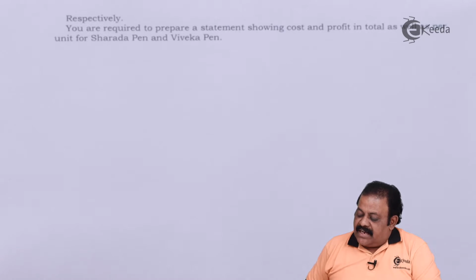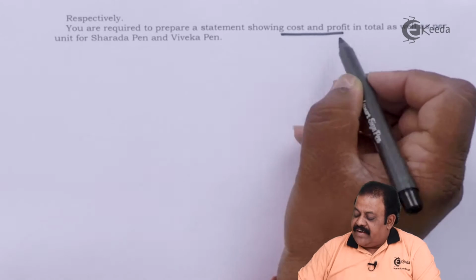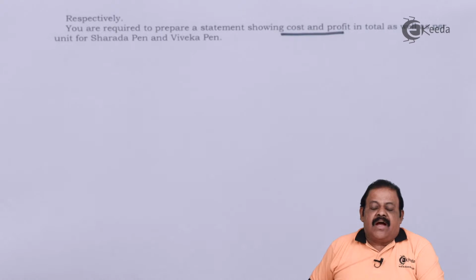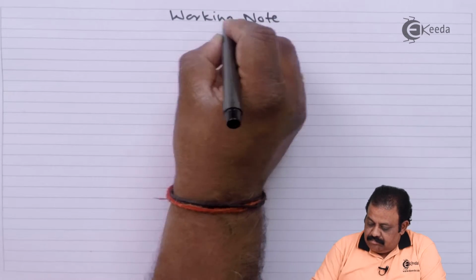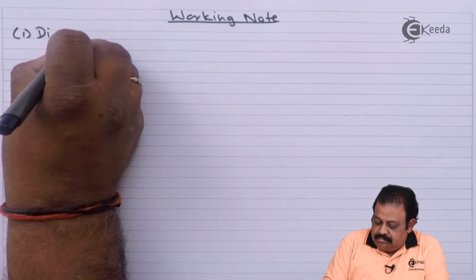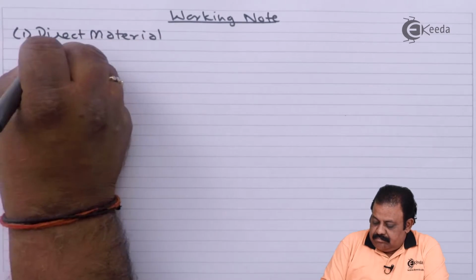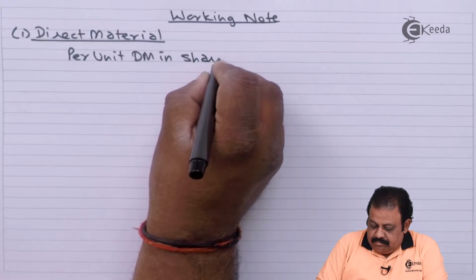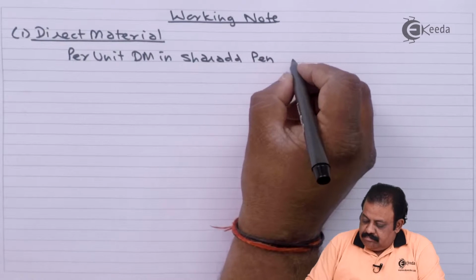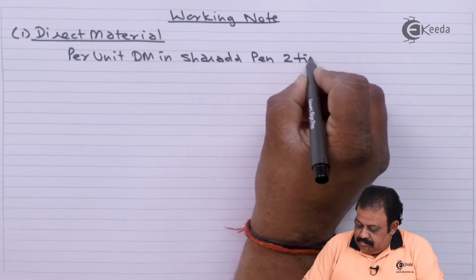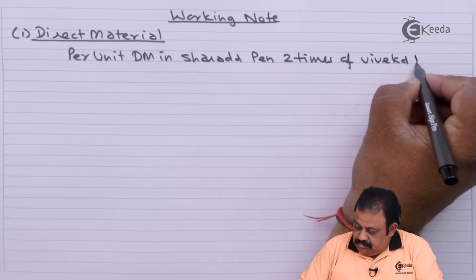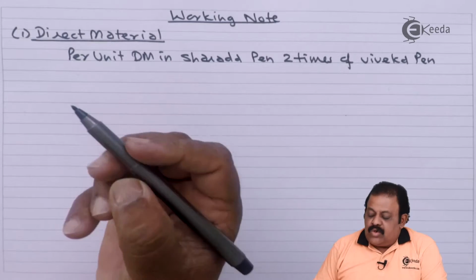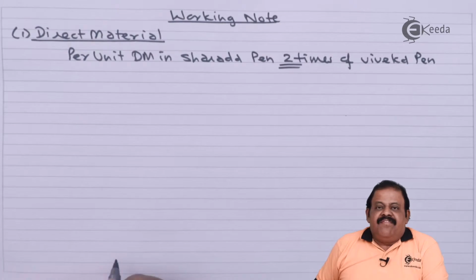You are required to prepare statement showing cost and profit in total as well as per unit for Sharda Pen and Viveka Pen. Direct material in case of Sharda Pen is 2 times double that of Viveka Pen.